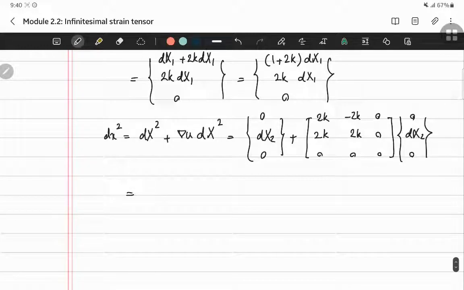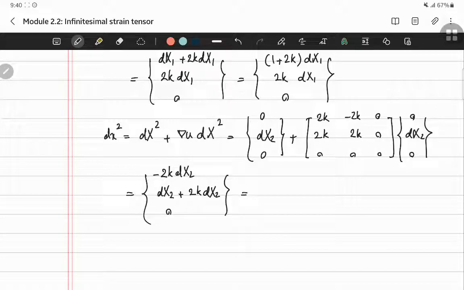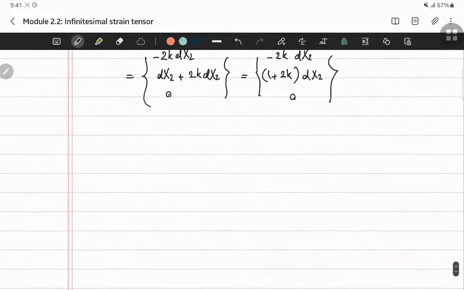So this is basically 0, and this is minus 2k dx2. This is dx2 plus 2k dx2, and this is 0, which is equal to minus 2k dx2, and this is 1 plus 2k dx2. All right, so let's see what are these. What is the geometrical representation or interpretation of these two deformed vectors?